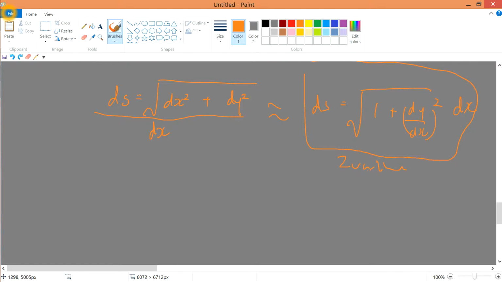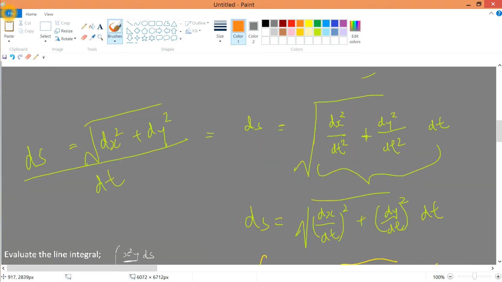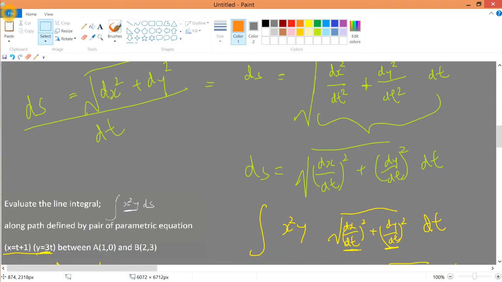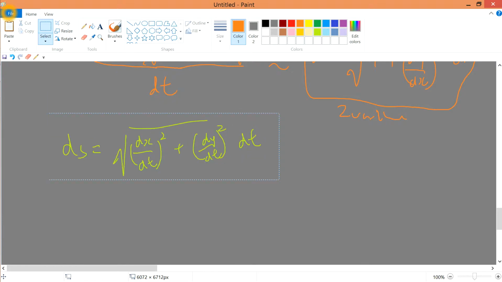Alright, and if you're interested in three variables, which is what we have just done earlier, I repeat again, this is just as we have done earlier. We just divide by dt, and if you divide by dt as what we have just derived earlier, you would have this formula. Let me just paste it over here. You just have this one.